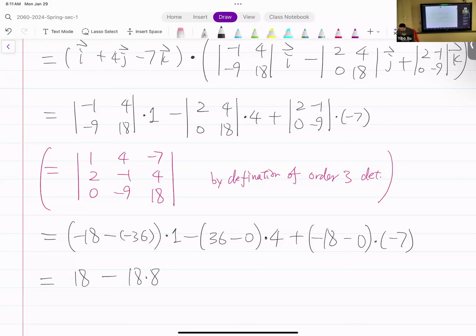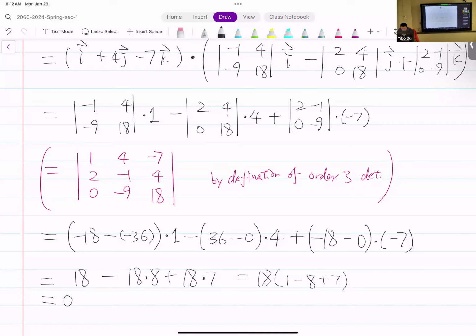And the final product is 18 times 7, because of the plus. So you notice, this is interesting: it's 18 times 1 minus 18 times 8 plus 18 times 7. That's giving you a 0, right? If you just factor out 18, it's 1 minus 8 plus 7, which is something we can also write down. So that's good.